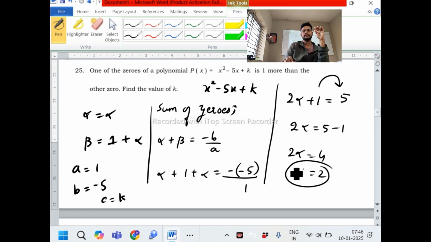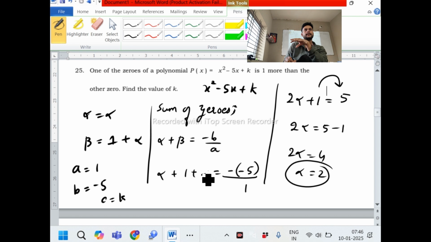Easy till now? Easy? No, what didn't you understand? Which part? Alpha plus alpha means it's like x plus x. x plus x is how much? 2x. Similarly, alpha plus alpha, 2 alpha.